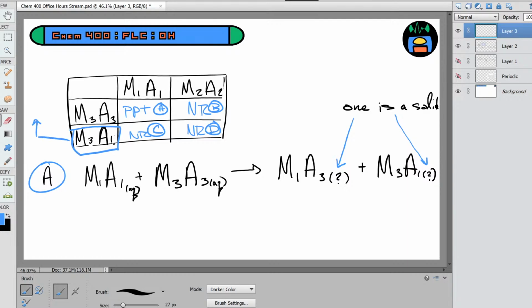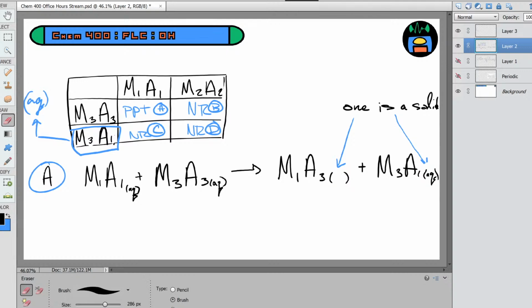That means it's in the aqueous phase. So that tells you that this guy right here is aqueous, and that this right here is our solid. All right, so you use process of elimination to figure out which one is your solid precipitate, which one's not.